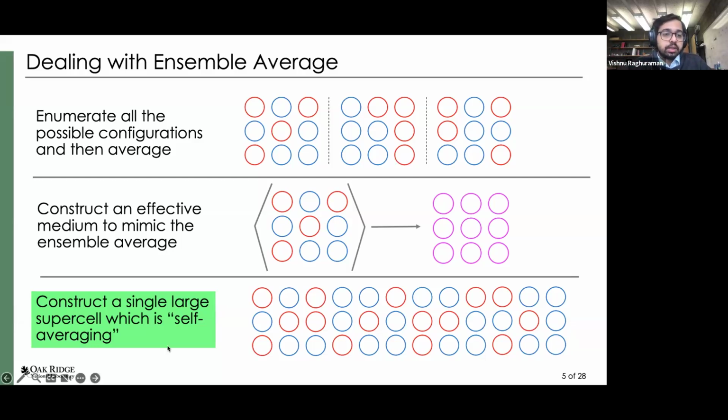The third one, which is the approach that we have taken in this research, is to construct one large supercell. You construct the supercell such that it's self-averaging. Then you do the calculation on that one supercell, which should effectively represent your ensemble average.